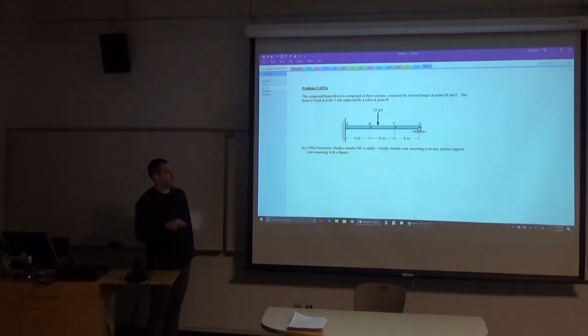With stability and determinacy, we're basically trying to figure out, number one, is statics enough to solve for all of the unknown reactions? That's what we call determinacy. And then stability is basically asking, is this system going to start moving based on the condition it's currently in? Or if we were to apply a force to it, would it start to deflect even if everything is a rigid body?